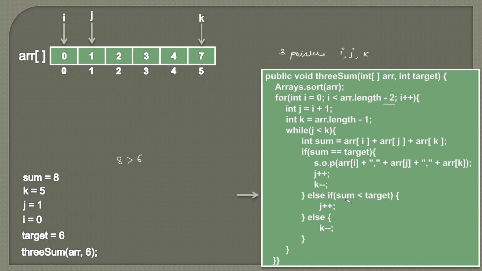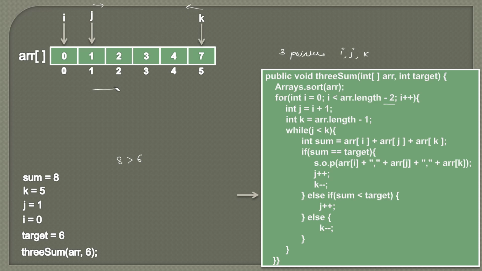If sum is not equal to target, we check whether it is less than target or greater than target. Currently, if sum is greater than target, it means we need to reduce the sum. Here the array is sorted and i is fixed. The only option we have is to move j in this direction or k in this direction.